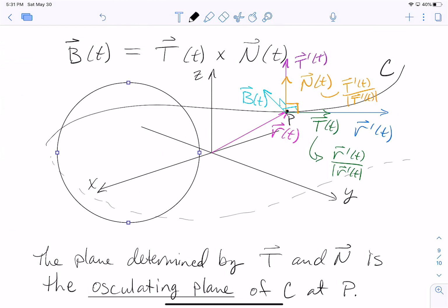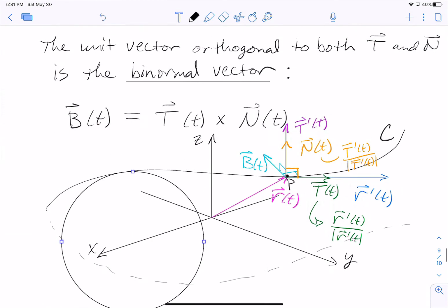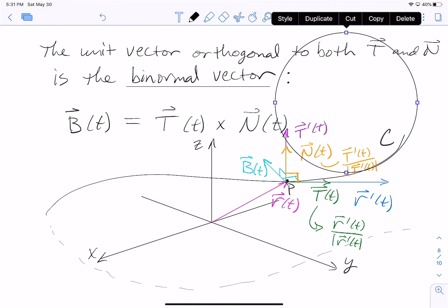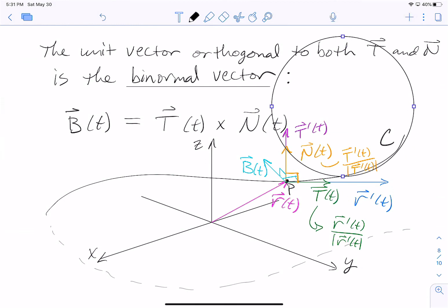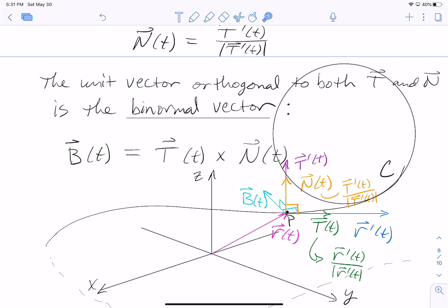Maybe I need a bigger circle. It captures a portion of the curve. And maybe for this circle, it would make more sense to, ooh, there we go. Oh yeah, okay, here. It's not at the point P, but over here, the curve is kind of captured by this circle, at least in a little neighborhood around a point on the curve.